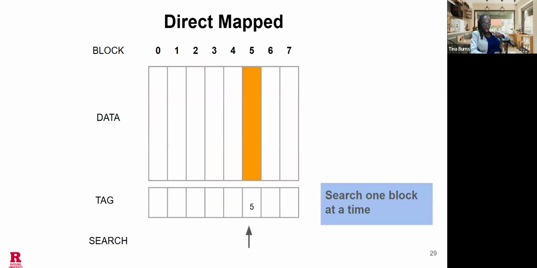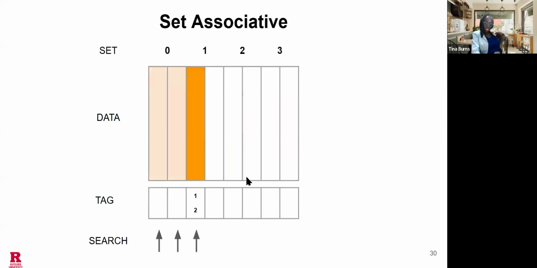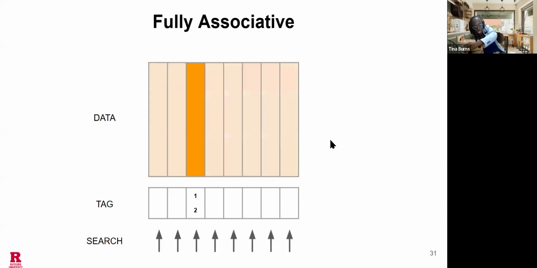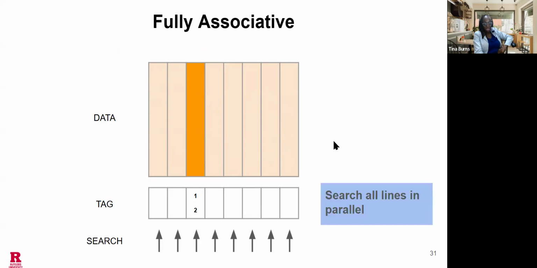So if I'm at direct, I'm only looking at one line. If I have set associative, I'm looking at the number of lines in a set. So in this particular one, I'm looking at two lines at the same time, the next two, the other two. For a fully associative, I'm looking at all 8 lines in parallel. And that's how we handle that search mechanism.